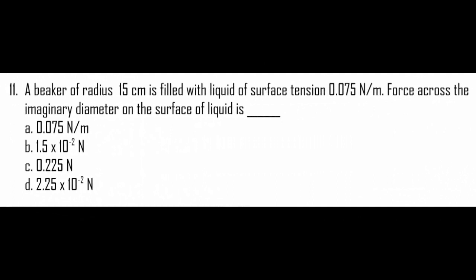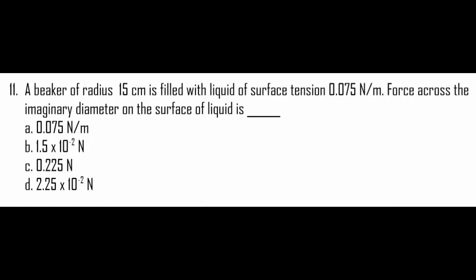Question number 11. A beaker of radius 15 centimeter is filled with liquid of surface tension 0.075 Newton per meter. Force across the imaginary diameter on the surface of the liquid is. Here we are coming across a physical quantity called surface tension.